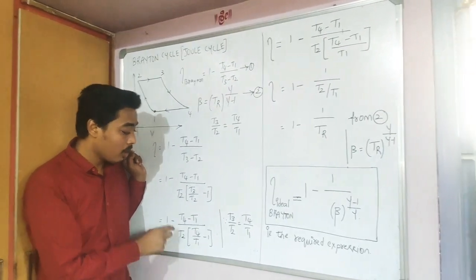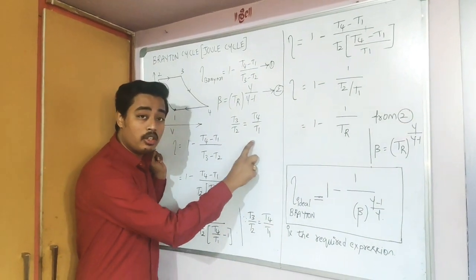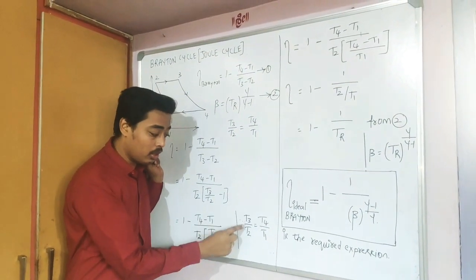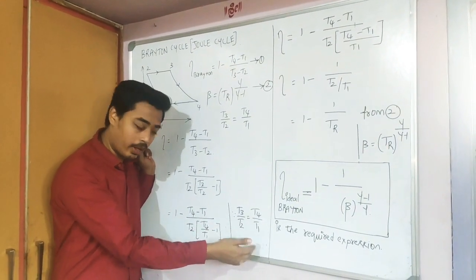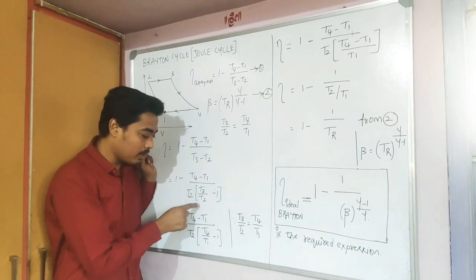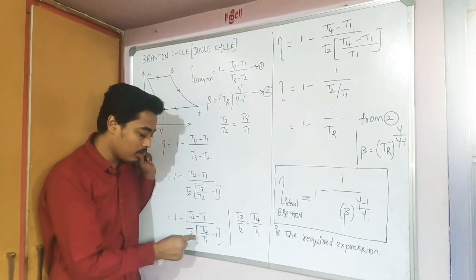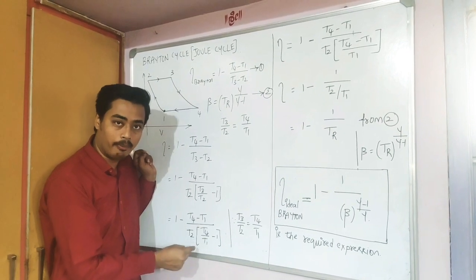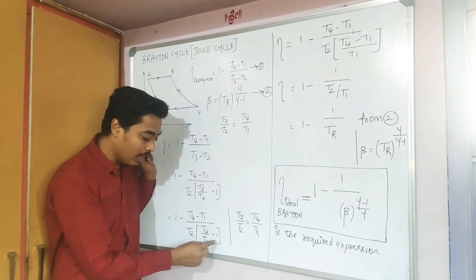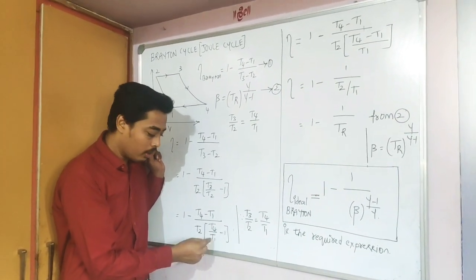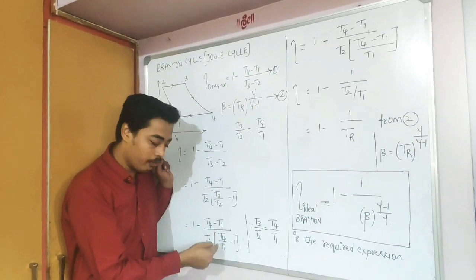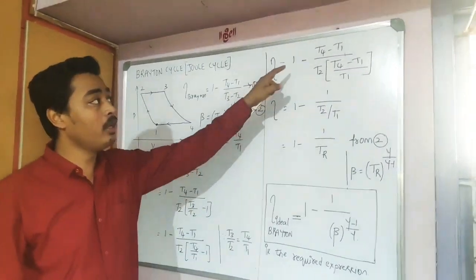After that, we have stated a relation using the temperature ratio, that is T3 by T2 is equal to T4 by T1, right? So you will be replacing this T3 by T2 with T4 by T1. Once you replace it, take the LCM here. So T1 in the numerator, it will be T4 minus T1. Similarly, it comes here.